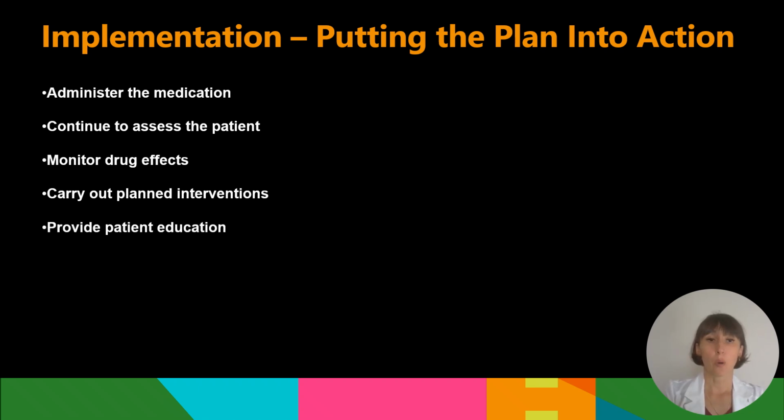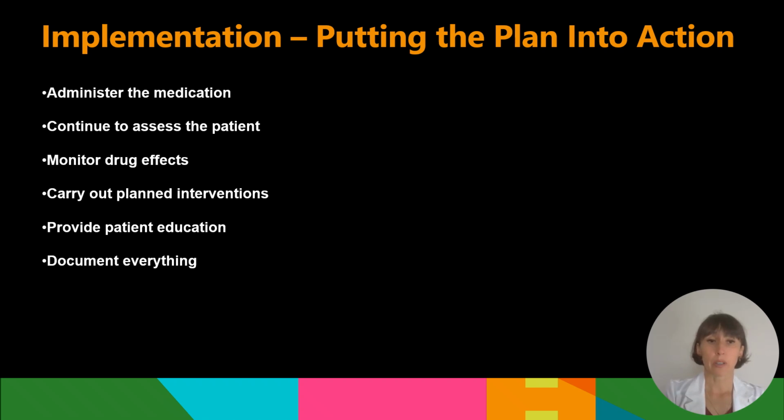And very important, providing patient education so that they understand their medication, they know what to expect. And finally, we also need to document everything. That is also done in this step of nursing process.